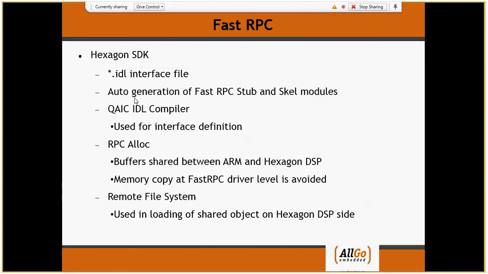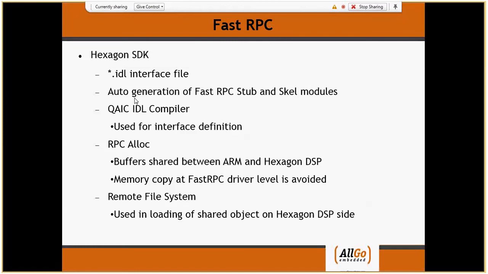So how did we do the FastRPC development? On the Hexagon SDK there's an interface IDL file which we used, and inside this IDL file we declared our modules, the modules which run on the Hexagon DSP. Using the SDK, we built the solution, which automatically provides a FastRPC stub as well as a skel module.